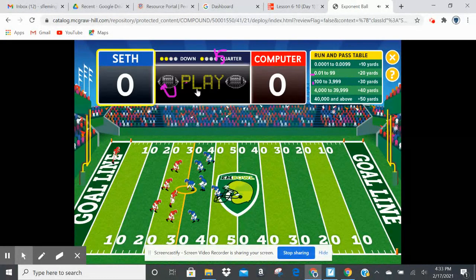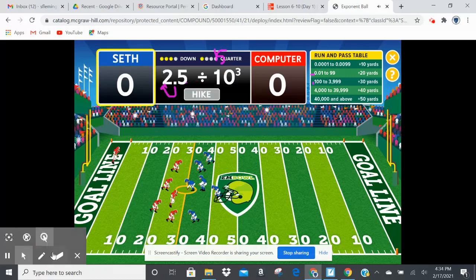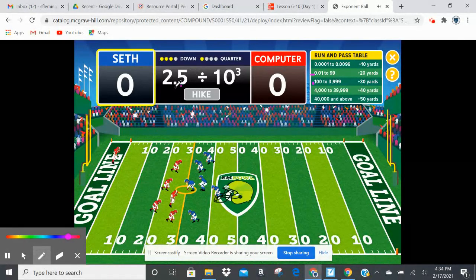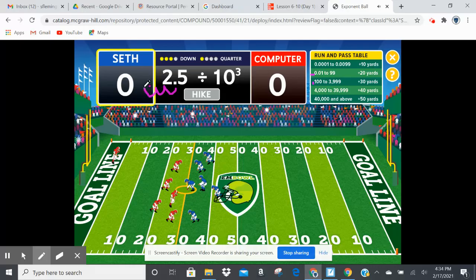Let me give you an example of what happens when we do it wrong. So if we do it wrong, let's say for this one, I would have to move the decimal over 1, 2, 3. So that would be 0.0025. That's a really low number. So that's going to be only 10 yards.